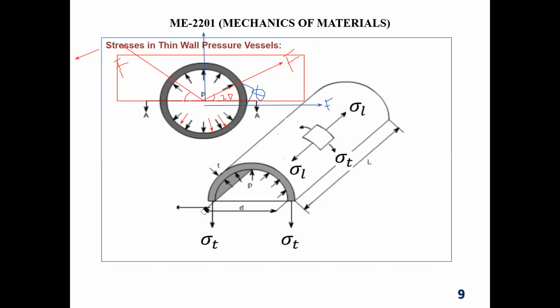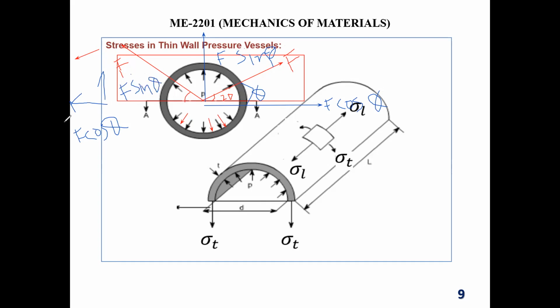So this will be F cos theta. And in the vertical direction, it will be F sin theta. Similarly, if I break this one, there are two components. One will be the horizontal component, similarly F cos theta. And the vertical component, over here, will be F sin theta.